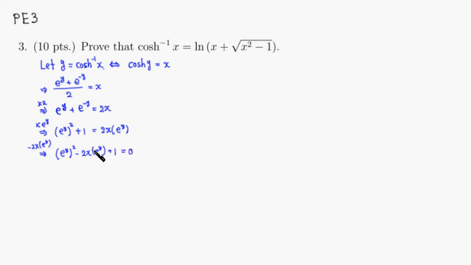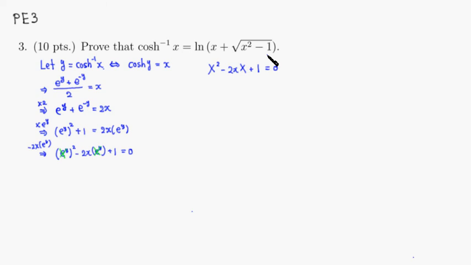Then pretend that e to the y is just a single variable, capital X. Then you can see that this is really a quadratic equation: capital X squared minus 2 little x, capital X, plus 1 equal to 0.